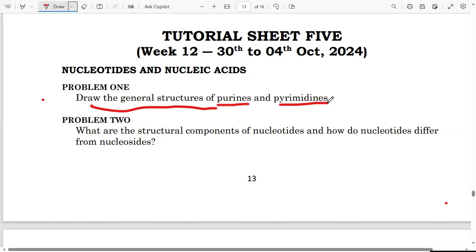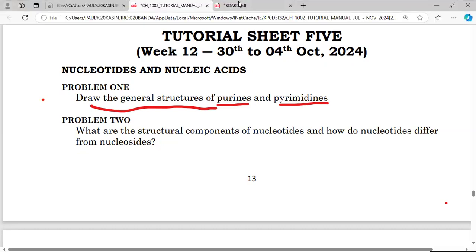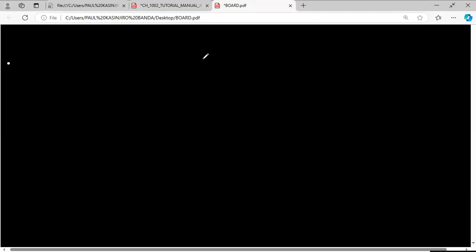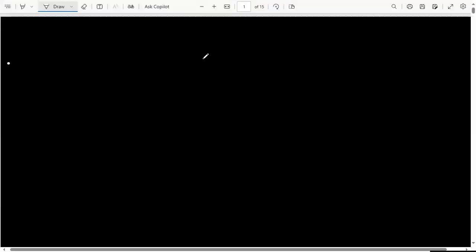We said a purine is a two-ringed structure: one ring with six sides and the other with five sides. Let me draw it. The general structure for a purine will look something like this.